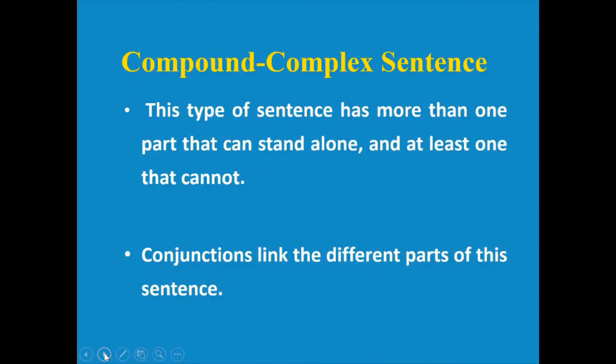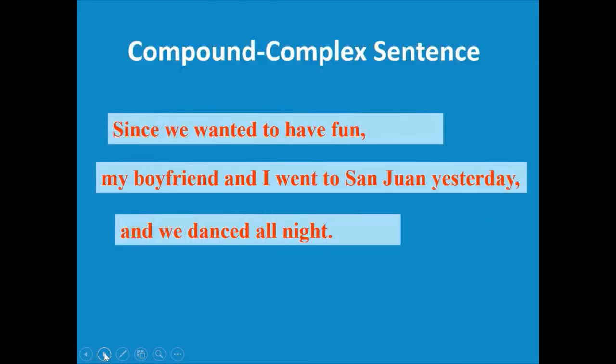Conjunctions link the different parts of the sentence. So, a compound complex sentence has more than one part that can stand alone, that means two independent clauses, and at least one part that cannot stand alone, that means one dependent clause. Okay. Here also conjunctions link the different parts of sentences.